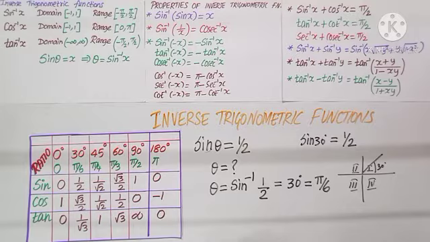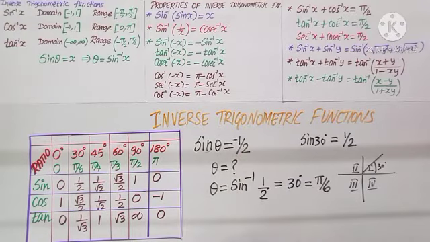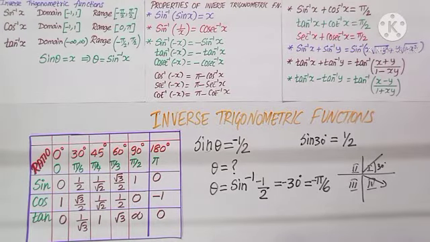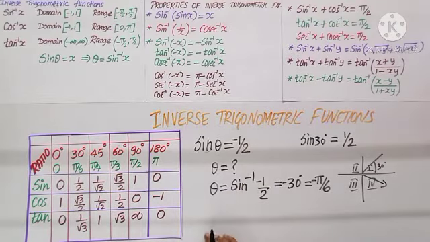Can the principal value be in the first quadrant alone? Suppose sine theta is negative. My answer is also negative. In that case, theta is in the fourth quadrant. So, for sine theta, the principal value lies between minus pi by 2 to pi by 2, which we call the range.